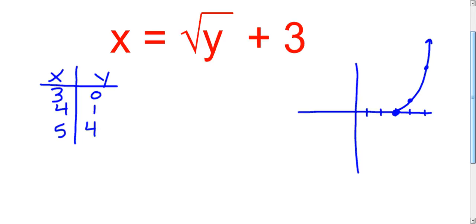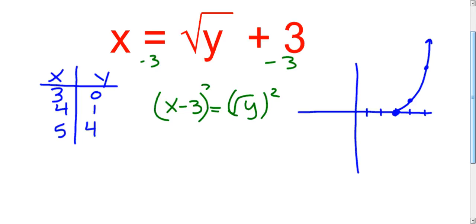Now, if we wanted to try to put this into your calculator, you would have to have this solved for y. So when I solve this for y, I would have to subtract 3, and then I would square both sides. And when you square both sides, you have to take that quantity and square it. So I would have y equals x minus 3 squared.